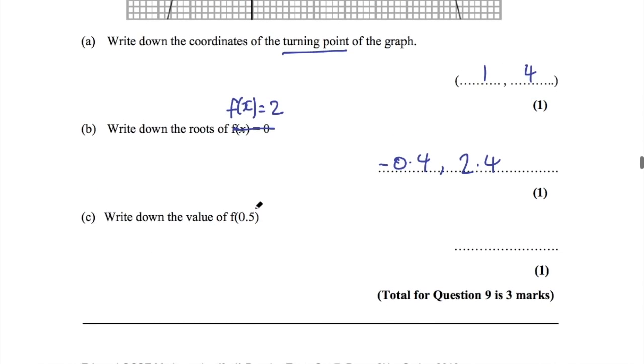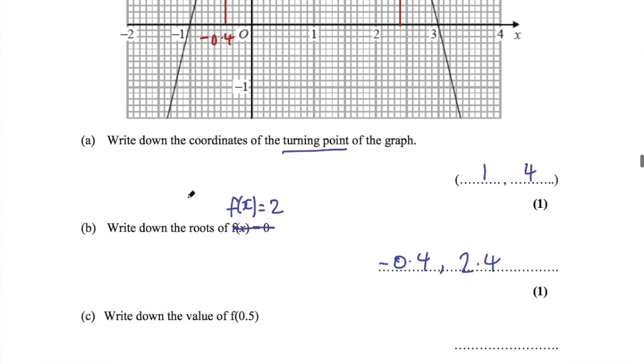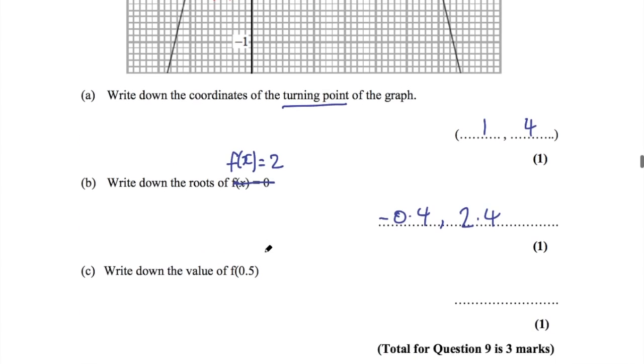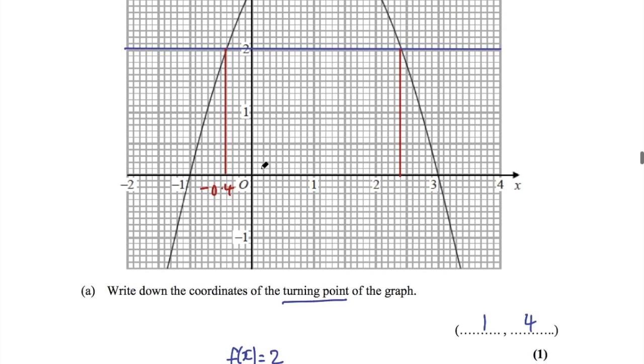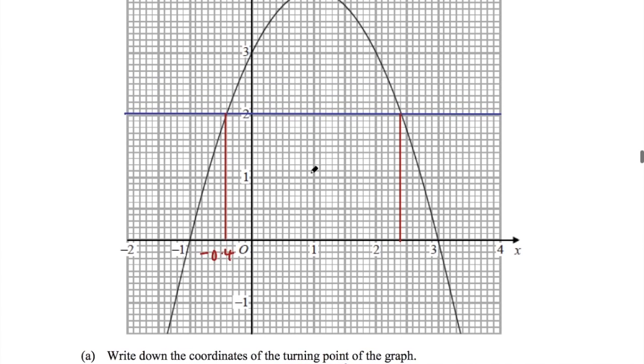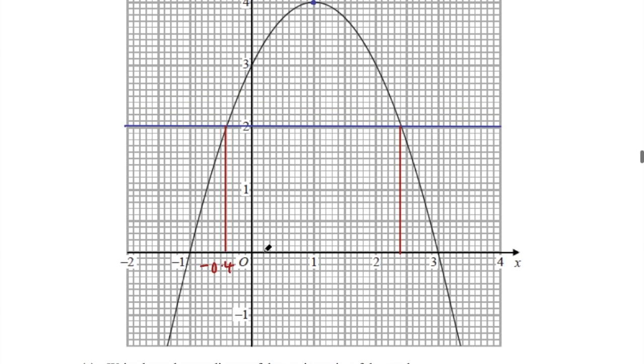Part C says write down the value of f of 0.5. So that's saying when x equals 0.5. Remember when we usually write it, it's f of x. So they've just put a 0.5 where the x is. So we need to find where x equals 0.5 on this graph. So that's going to be 1, 2, 3, 4, 5. It's going to be here.